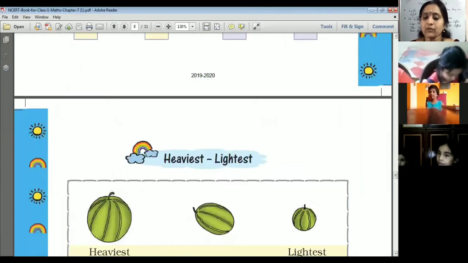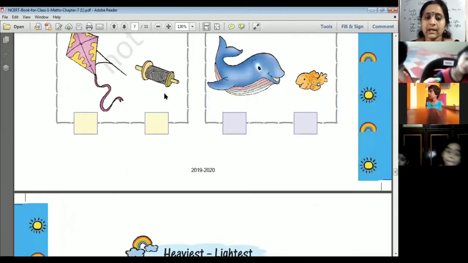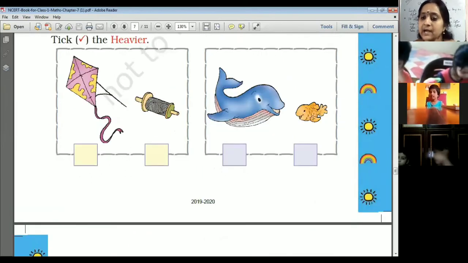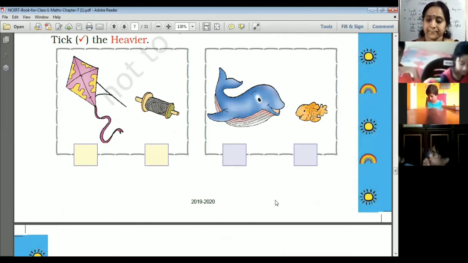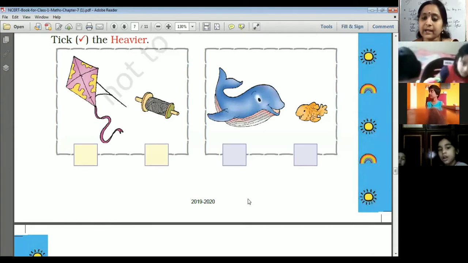Here we have to tick the heavier object. Here you have a kite and thread. In these two, which one is heavier? Which has more weight?